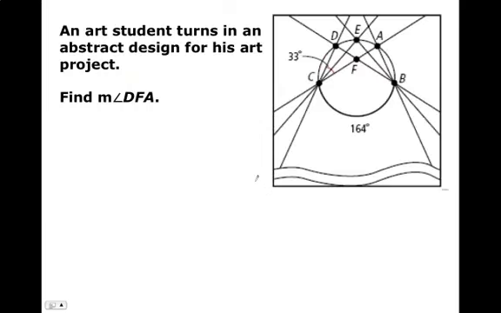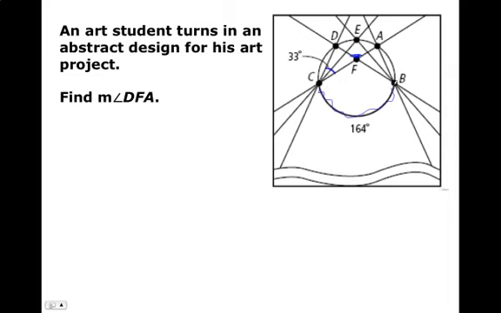So let's take a look at this picture here. An art student turns in an abstract design for his art project. We need to find the measure of angle DFA. Lines can get complicated, but you notice that we know this angle here, which we can use. We also know this arc here.